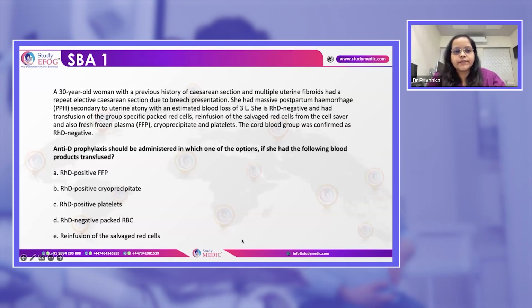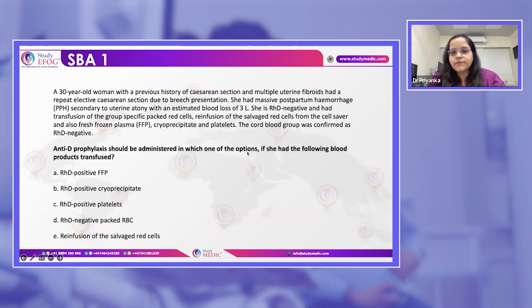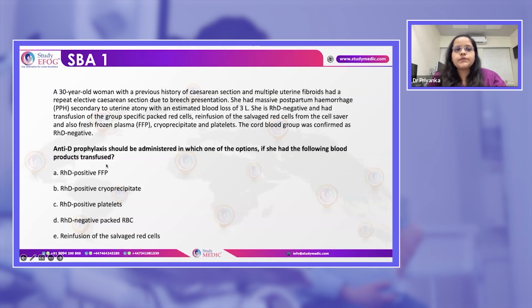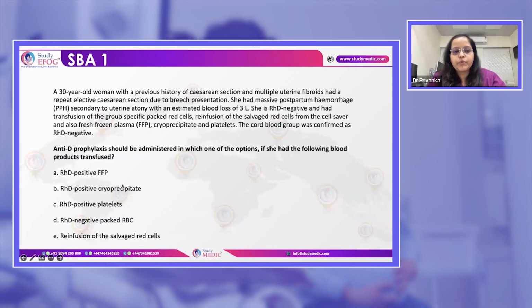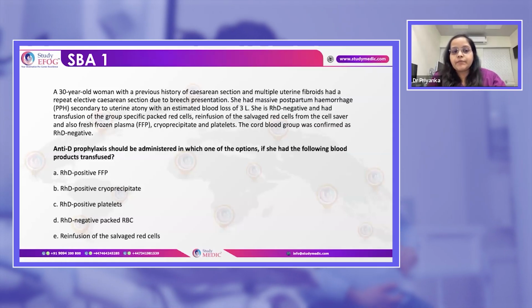So the question here is, in which of these blood products should anti-D prophylaxis be administered if she had them transfused.